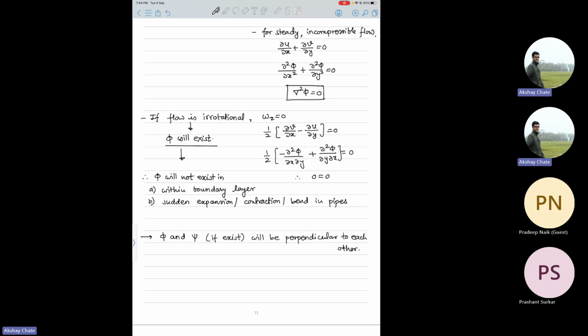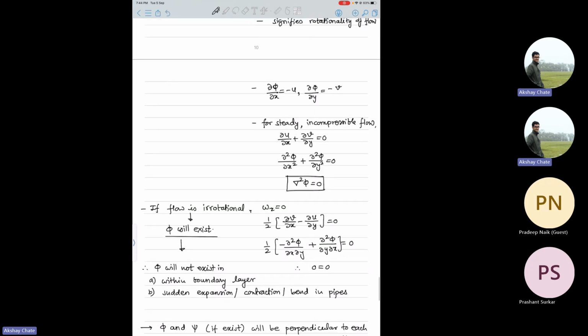Actually, phi equal to 0 is a trivial solution. Better answer will be, if phi equal to constant, then your u and v become 0, and then your omega z becomes 0.